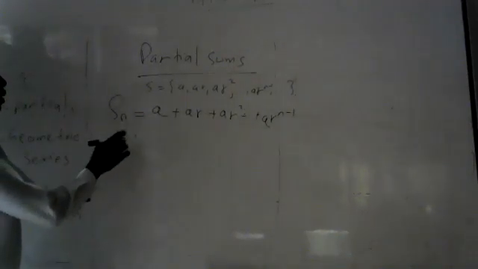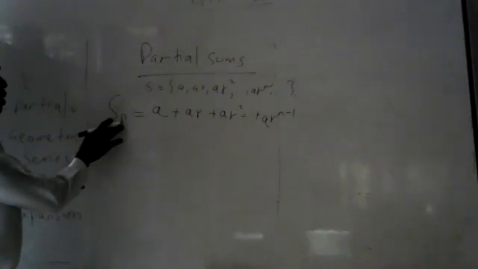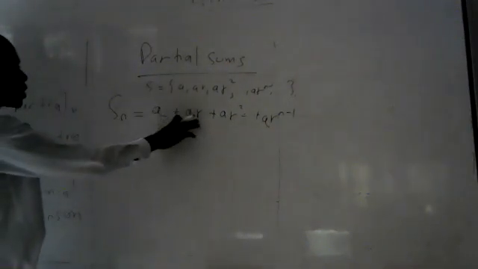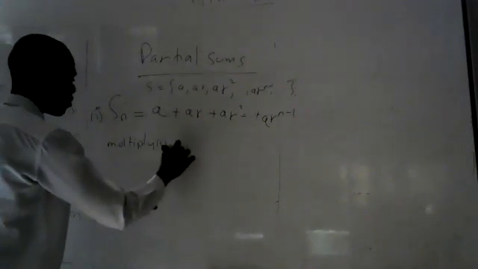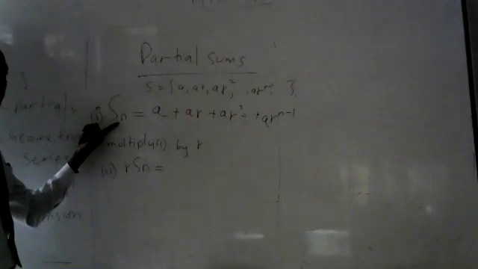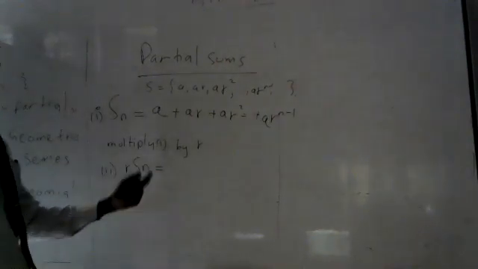Now, A is the first term, the common ratio is R. Let me call this equation 1. Multiply equation 1 by the common ratio R. So what do we have? Equation 2 will be R times Sn, just like A times B is AB.